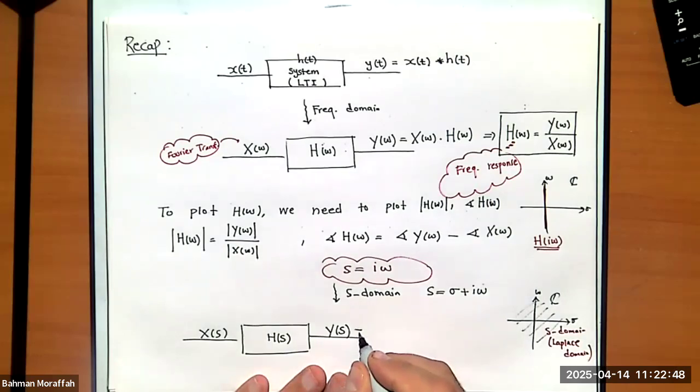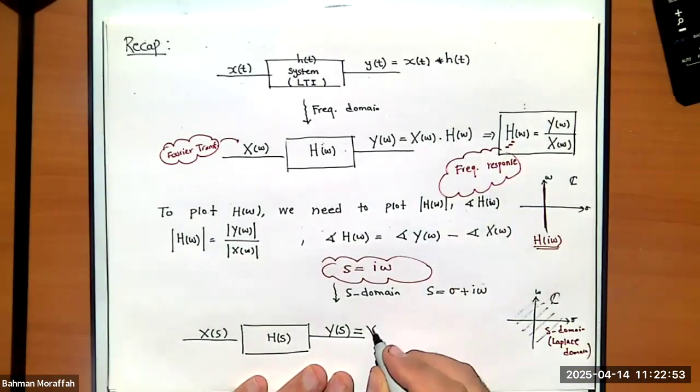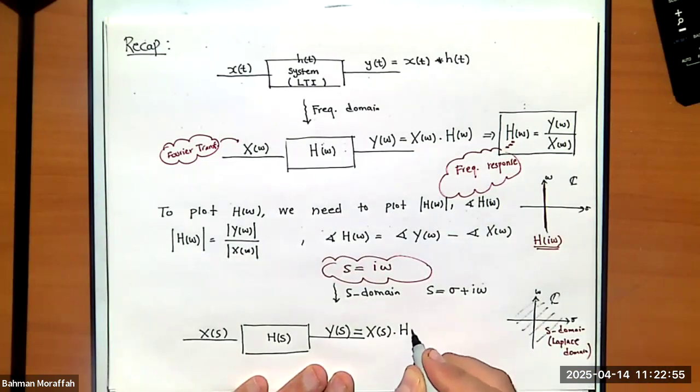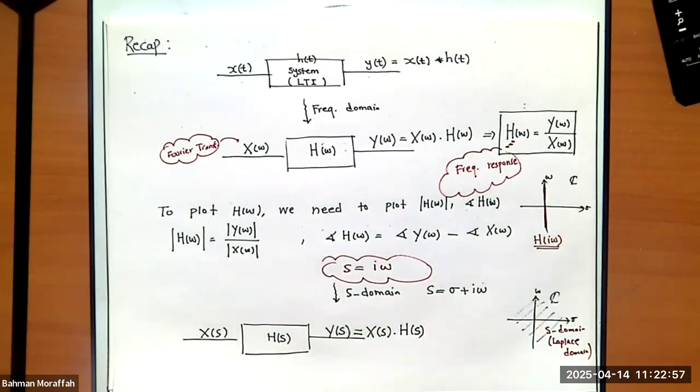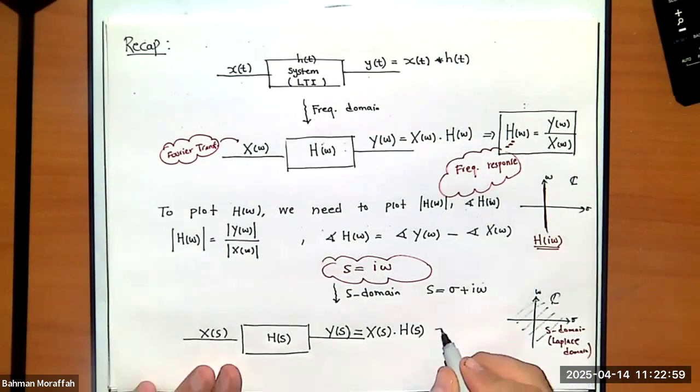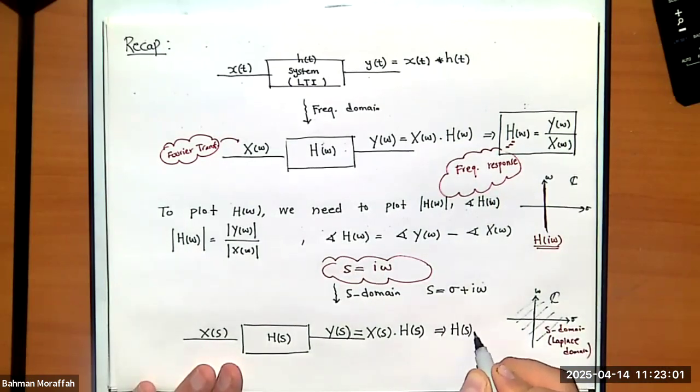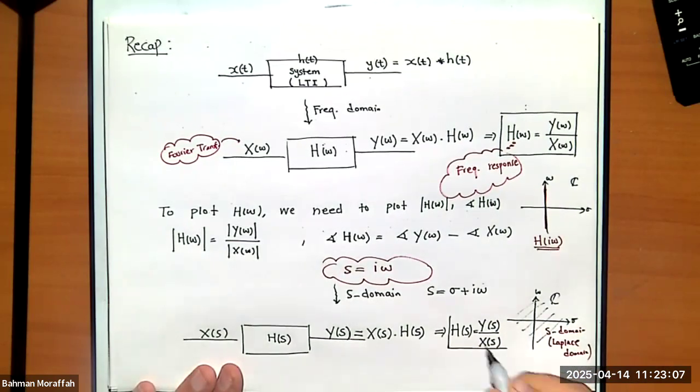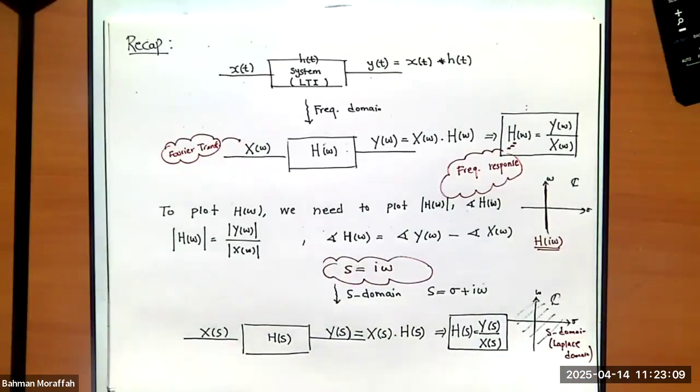Everything exists. I know this y of s is a generalization of this, so I can write it as x of s times h of s. So I can compute this h of s, which is the ratio of output in the S domain divided by input in the S domain. The generalization of the transfer function.